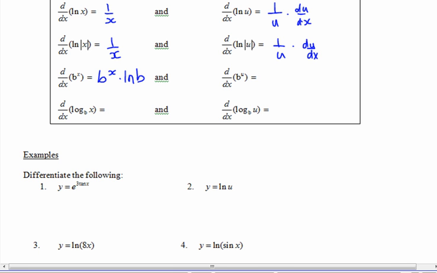It's b to the u times, we still need the natural log of our base, and then times the derivative of our inside, or exponent in this case. Okay, and the derivative of a log function is 1 over x natural log b.